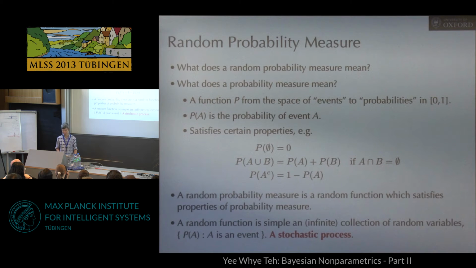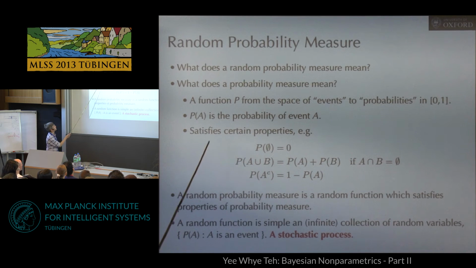A probability measure is simply a mathematical object that describes a distribution. What is a distribution? A distribution is basically a function P from a space of events to a space of probabilities.